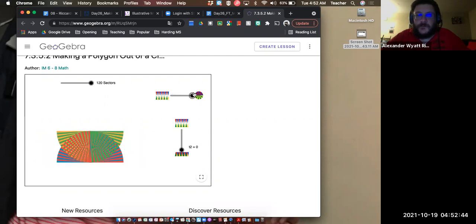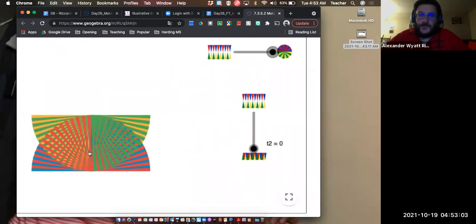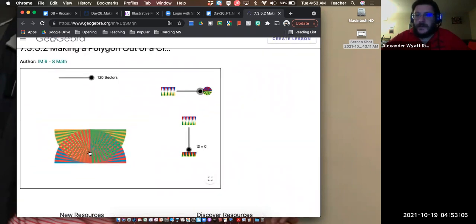Now, if you take it as a circle, you would notice that this is half of the circumference, and the height is the radius, right? So the area of a circle would be half the circumference times the radius.